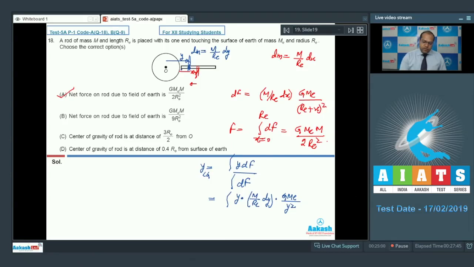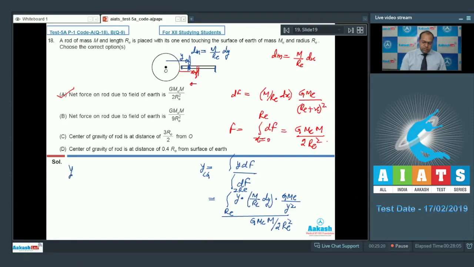So if I integrate this from Re to 2Re, divided by the total force experienced by the rod, which I have already calculated, that is G Me m divided by 2 Re square.